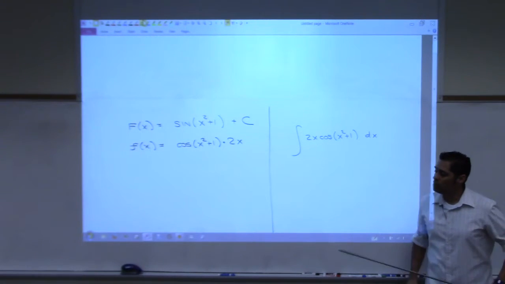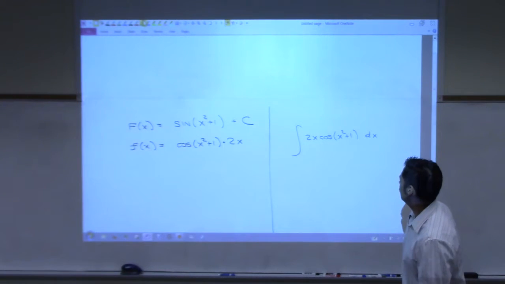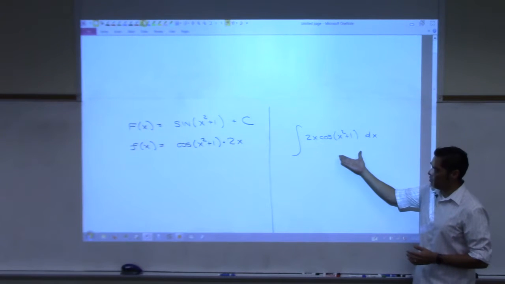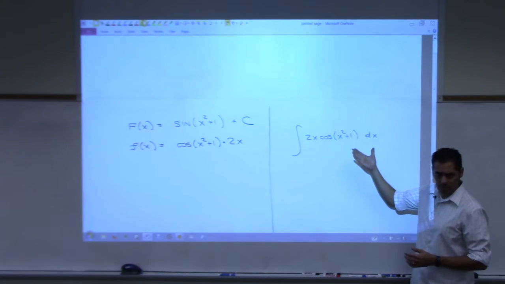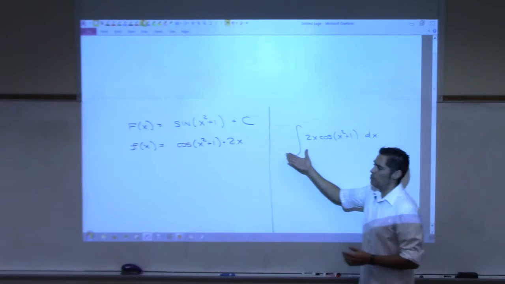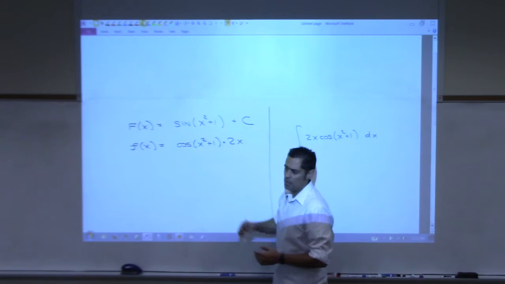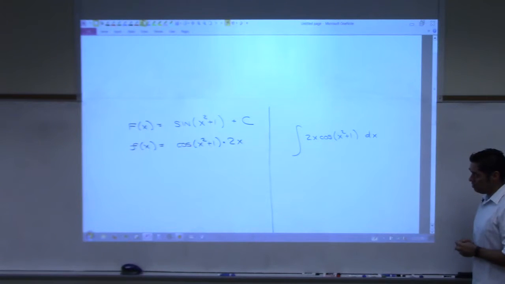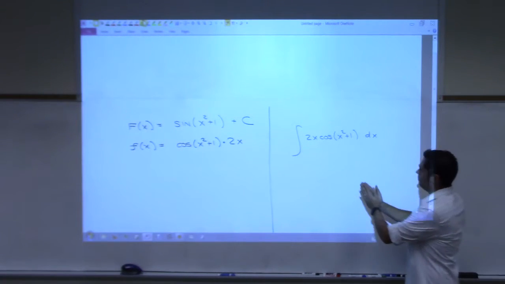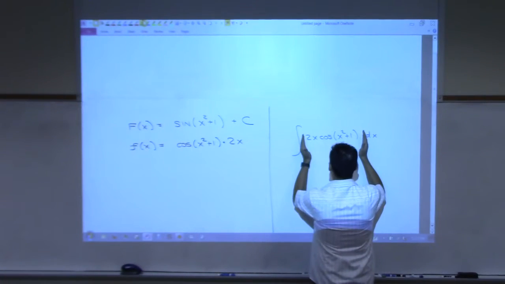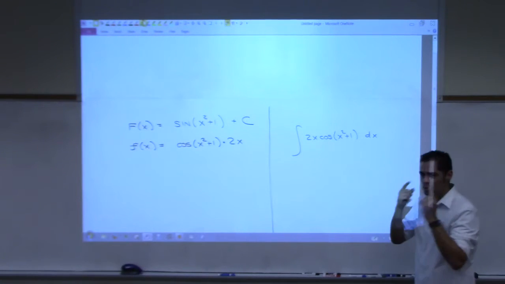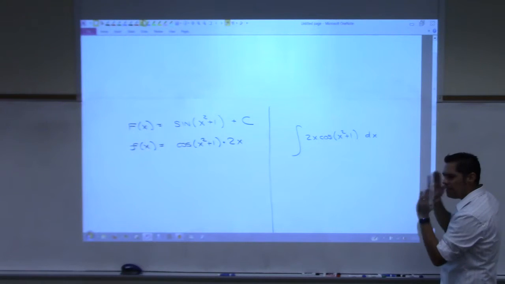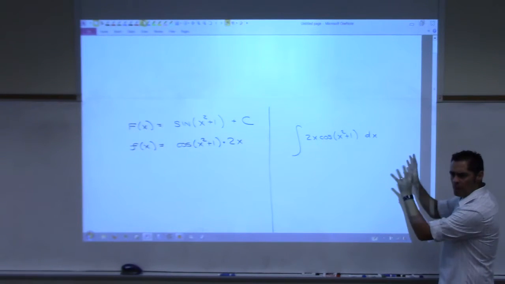All right, so let me introduce you to the substitution. Here's the integral that we're trying to figure out. We want to try and find the antiderivative. We know the answer should be this. So with this technique of substitution, what you do is you look at your integrand and you ask yourself a question. Do I see something and its derivative both in there?